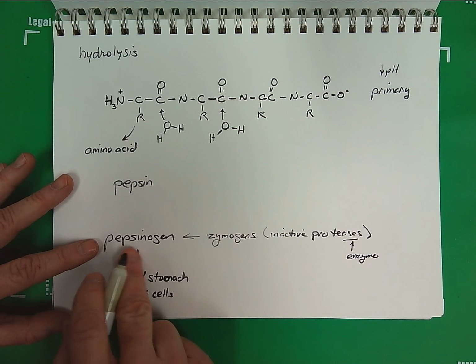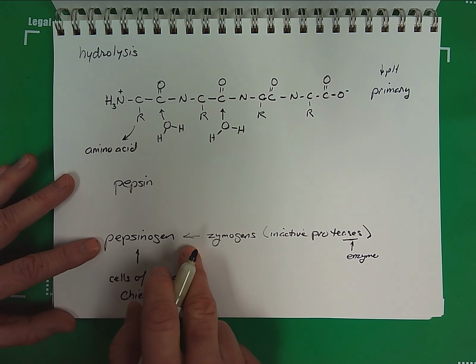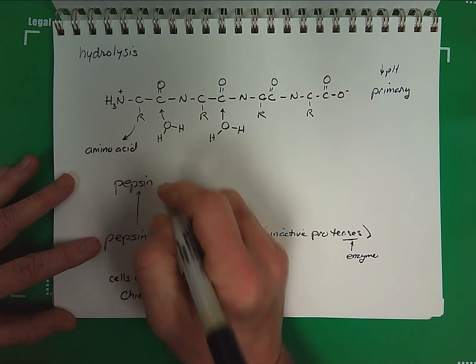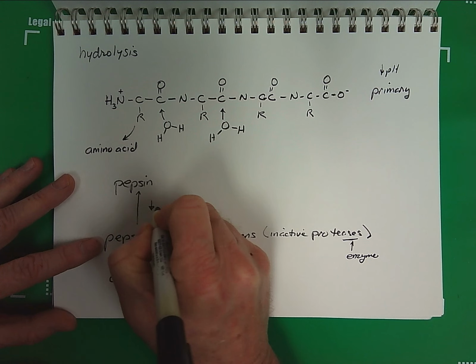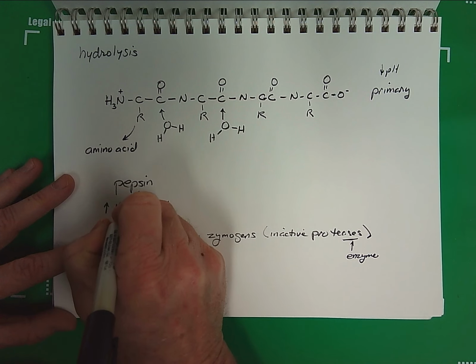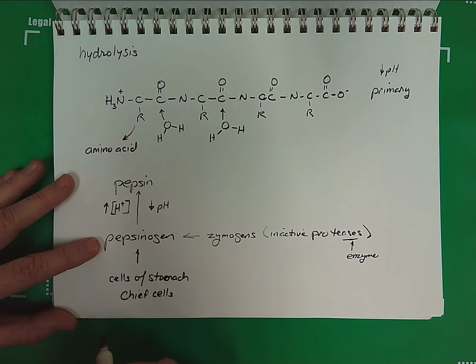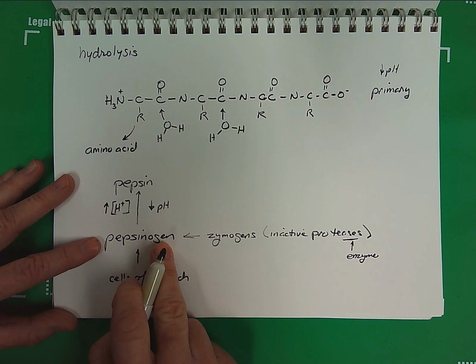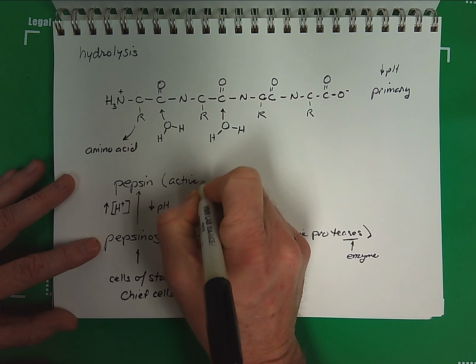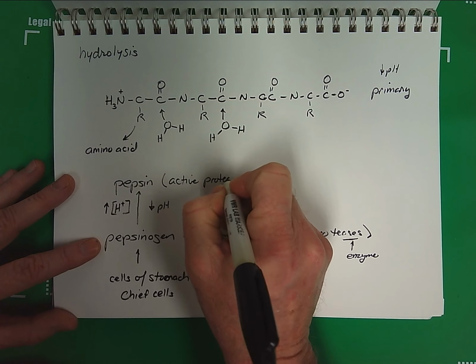So the cells of the stomach make this in an inactive form. This is secreted into the stomach, and once it's in the stomach, with the low pH due to the high concentration of protons in the lumen of the stomach, this will convert the pepsinogen into pepsin, which is now an active protease.